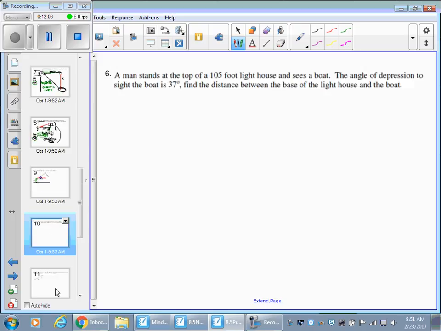Okay, now we're at the top of a lighthouse. A man is at the top of a lighthouse. Nice lighthouse, but here he is, and he's looking down at a boat in the water.